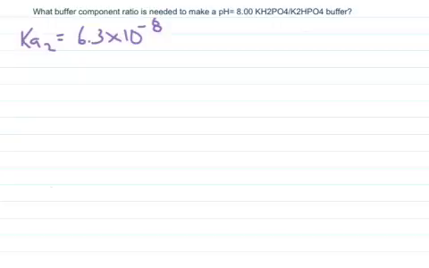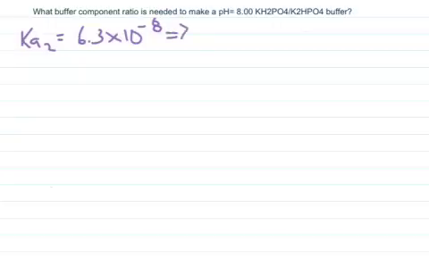Remember, anytime you are working with a polyatomic group like phosphate or carbonate, where they have multiple dissociations, you need to know which Ka or Kb you're going to be using. So again, I'm using Ka2, which is 6.3 times 10 to the minus 8.